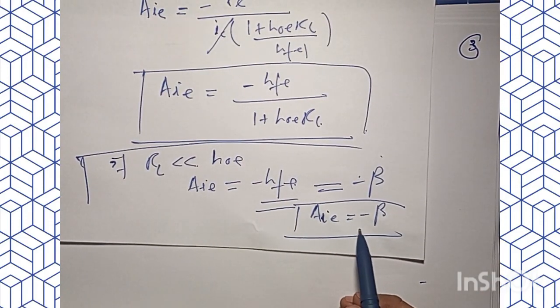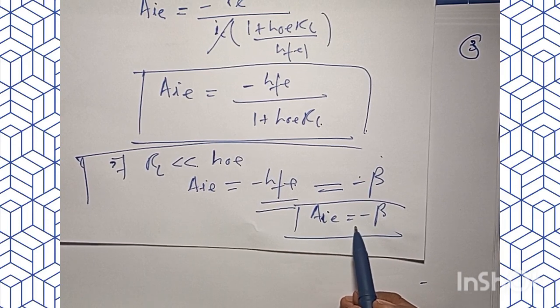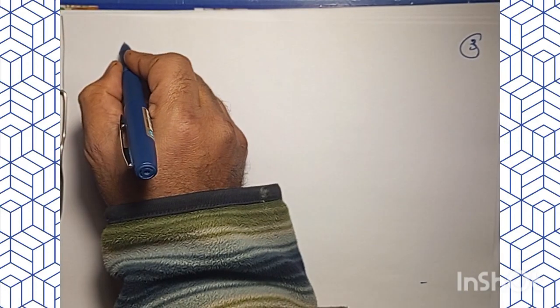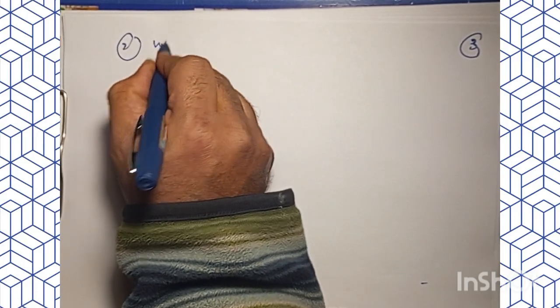So this negative sign is an indicative that the signal that we are going to obtain is out of phase. That means it's an indication of having the transistor in common emitter configuration. As we understand, if a transistor is in common emitter configuration, we are going to change the phase of that signal.